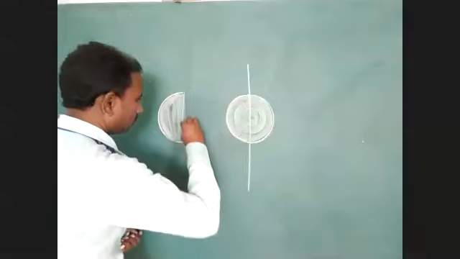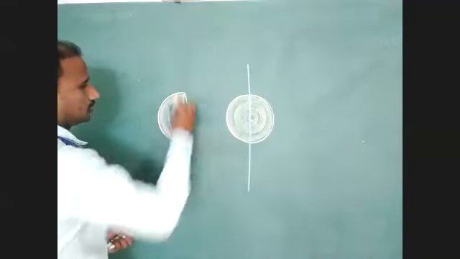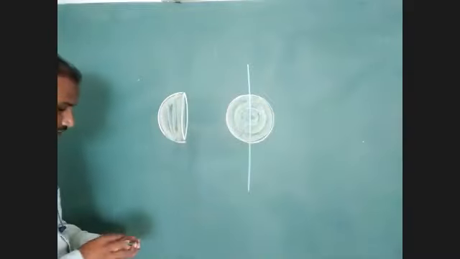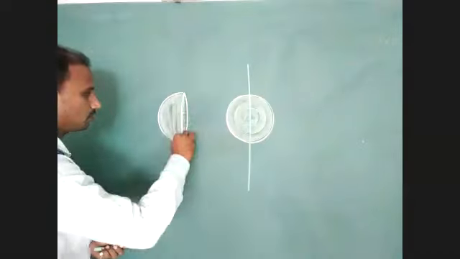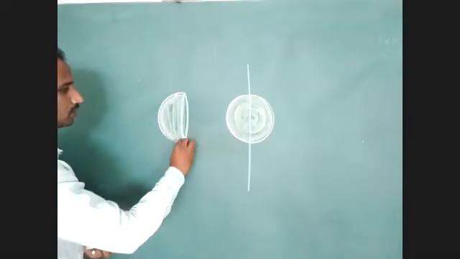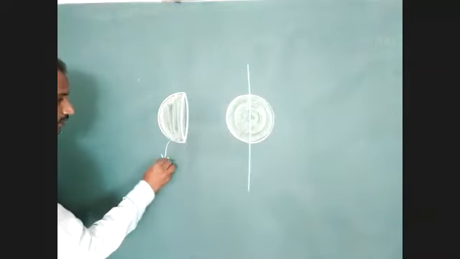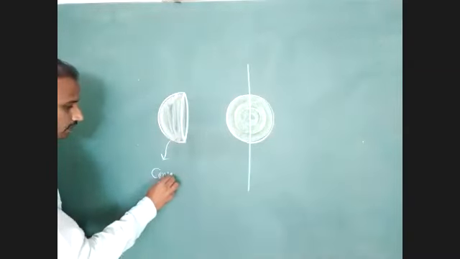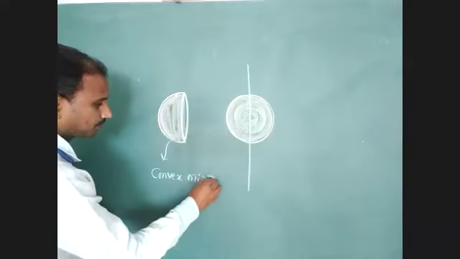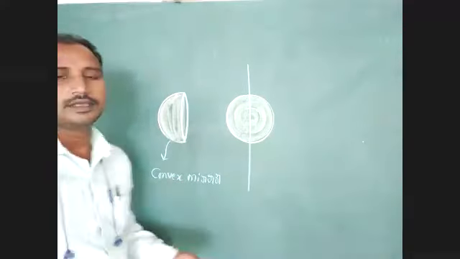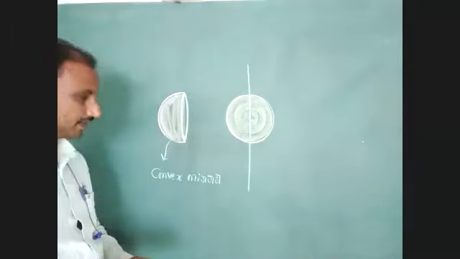You have to identify this mirror. Which mirror is this? Concave mirror? Sorry, this mirror is called a convex mirror. The outside surface is a reflecting surface.